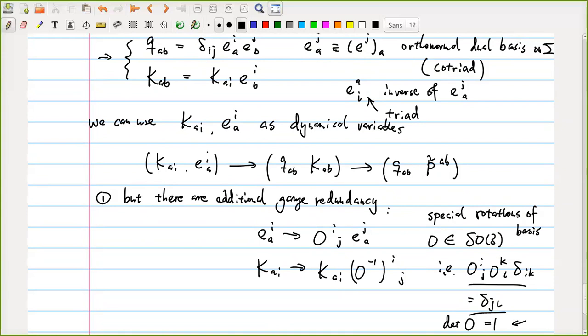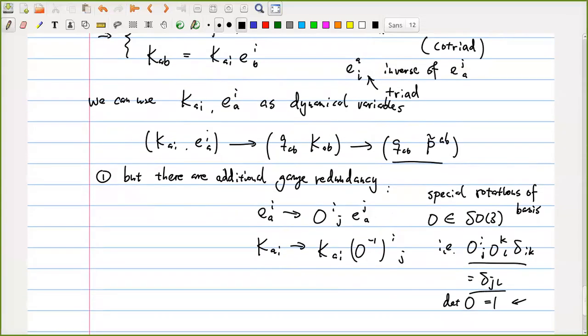In these new variables K and e, there are additional gauge transformations which change K and e but leave Q and P, the ADM variables, invariant. That's why we say we enlarge the phase space, because we include some more gauge degrees of freedom.